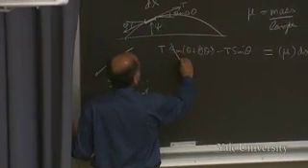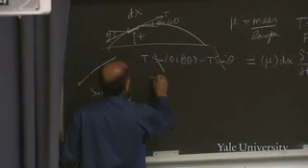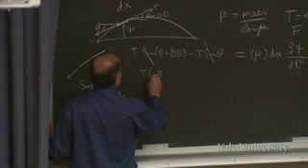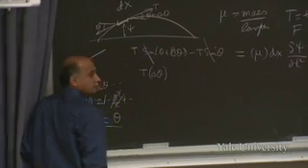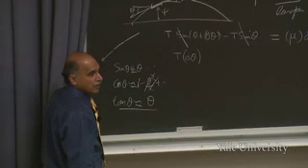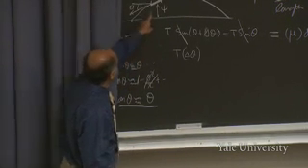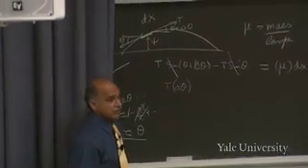So the first nice break is we don't have to work with sine. We just want T of theta plus delta theta minus that, which is delta theta. Delta theta is the change in the angle from the left end of the string bit to the right end of the string bit.